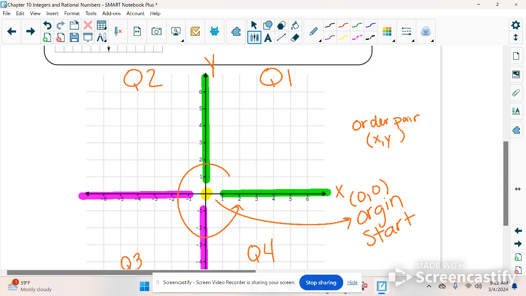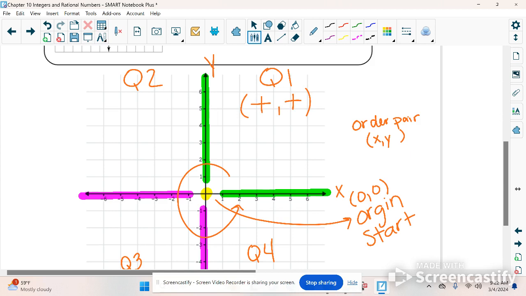We also have to pay attention to the signs of the quadrant. That's why we highlight it, so it makes it easier. Looking at quadrant 1, is it a mixture, or positives, or negatives? It's both positive. It's got a green X and a green Y, so its signs are positive, positive.